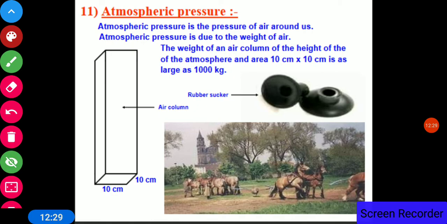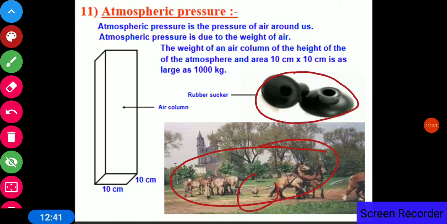Now this was an experiment to show how large the atmospheric pressure is. Two rubber suckers were joined, and all the air was taken out, so now there is no air inside.